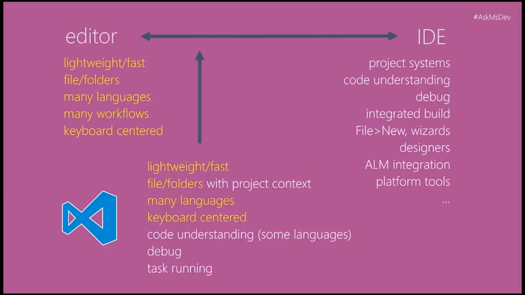Of course, code understanding. So being able to quickly look at your code and see what is happening, go to find references, have a debugging experience, have a task running experience, all integrated in this lightweight experience, is where we want to position Visual Studio Code. So the richness of an IDE, but still as lightweight as an editor.